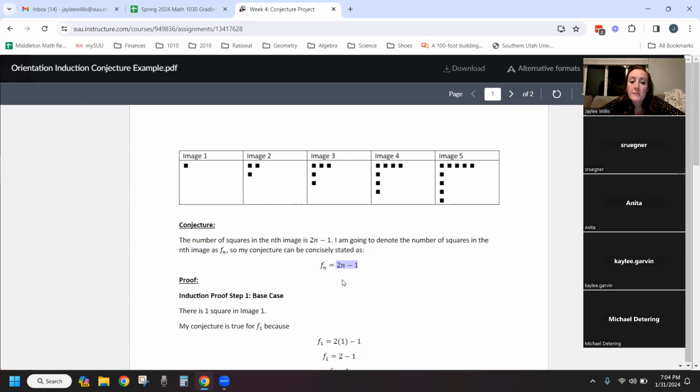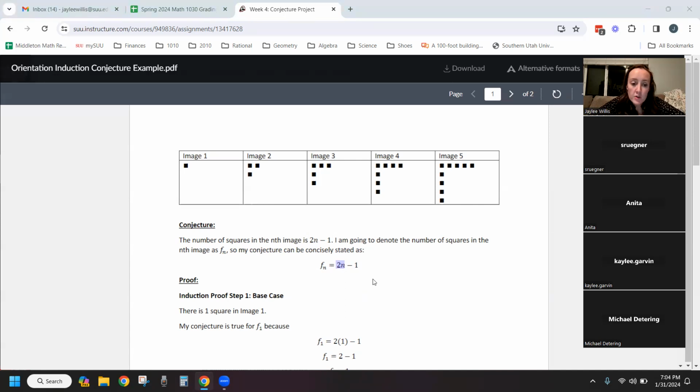That's what an explicit formula means. In this case, if I wanted to know how many squares were in image 100, I would just do 2 times 100 and subtract 1 to find that there's 199 squares in this image.